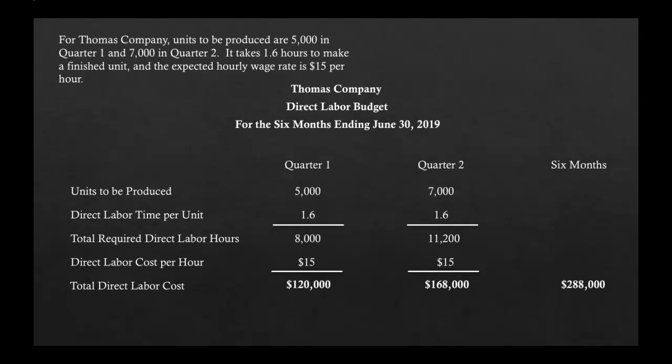Your total direct labor cost for the first 6 months of the year, where you take your 120,000, you add your 168. So we don't go through our units to be produced, direct labor time, none of that for the 6-month column. It's just your total direct labor cost.